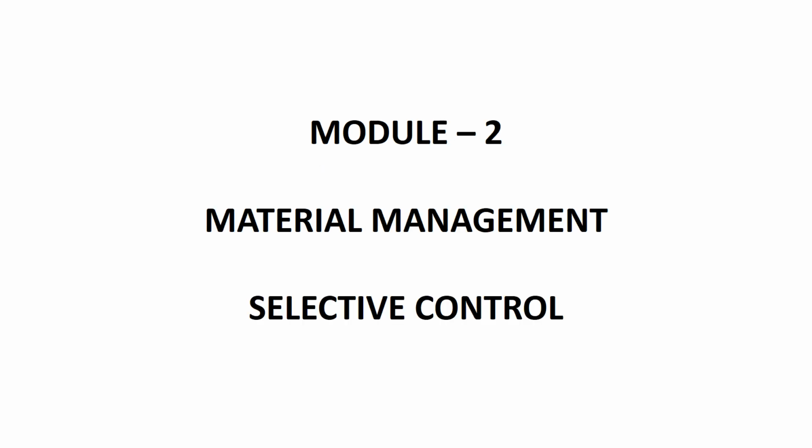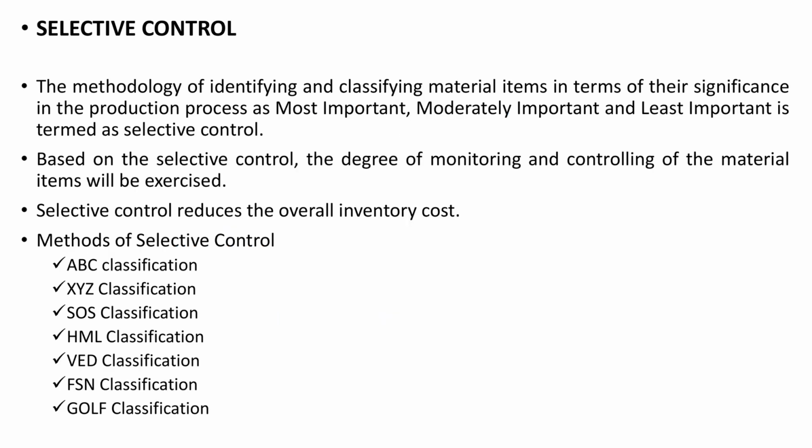Today in this session we'll be looking into selective control in materials management. Selective control. The methodology of identifying and classifying material items in terms of their significance in the production process as most important, moderately important, and least important is termed as selective control.